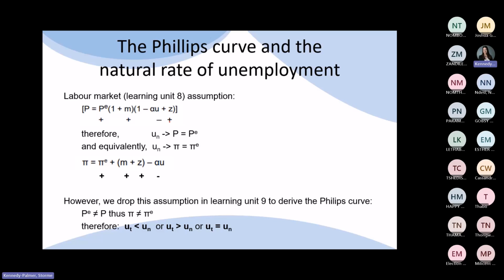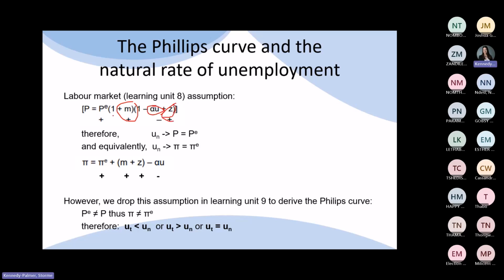So by definition, the natural rate of unemployment is the unemployment rate at which the actual price level is equal to the expected price level, and it can be influenced by all the factors that affect wage setting. So the markup, the catch-all variable, the unemployment rate.